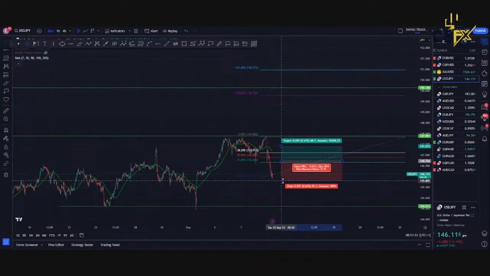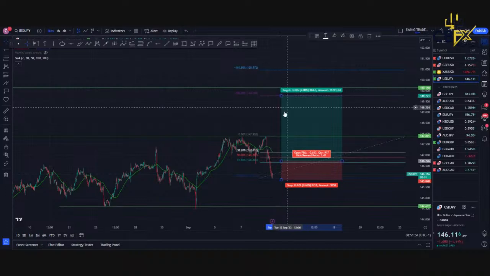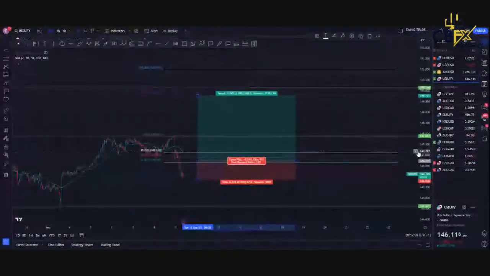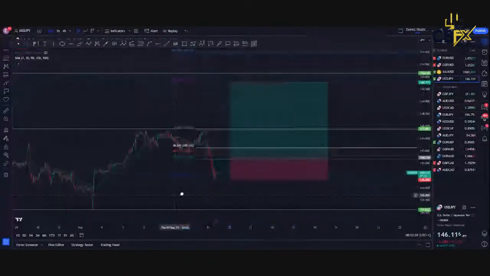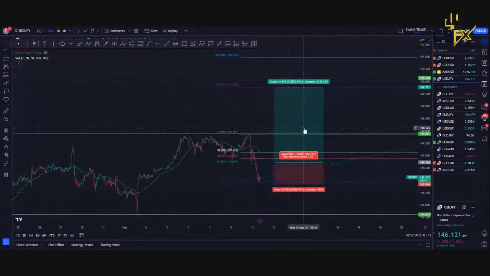You're going to want to reach a lot more to target the bigger picture, because the way Euro USD and USD JPY move is crazy. So you have to understand how it's trading and how it's going. This can take maybe a day or two before this TP can be hit.